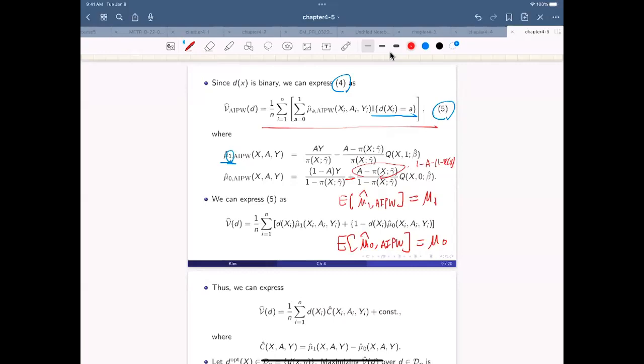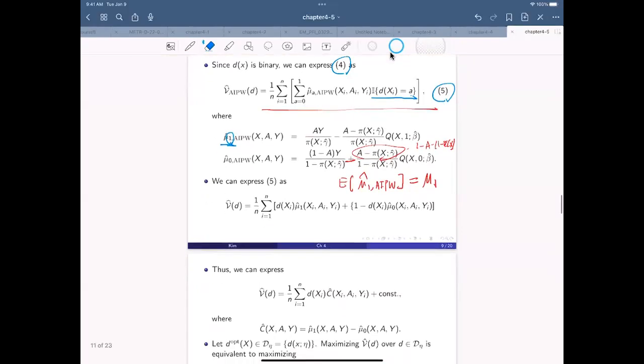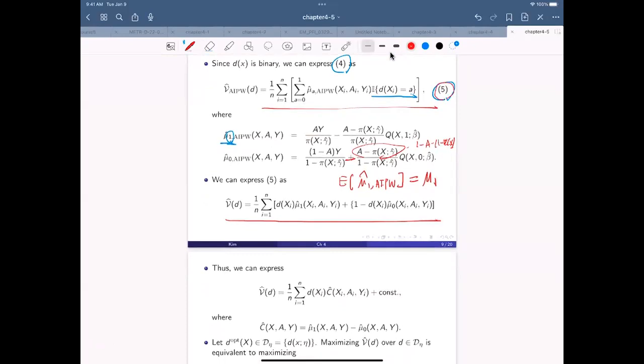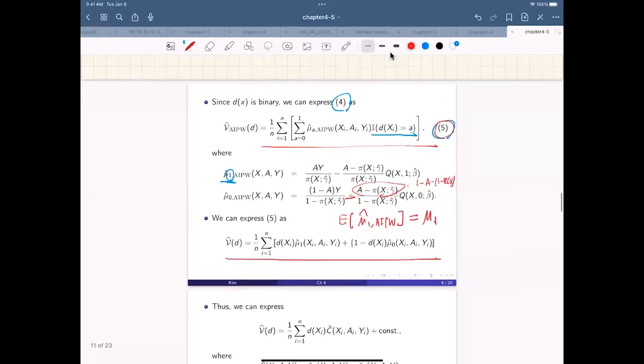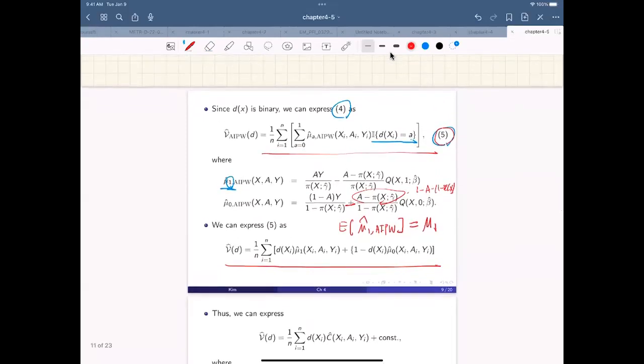So that basically gives you the final. Okay. So 5 is actually equal to this one. Why? Because dx is either 0 or 1, right? So indicator dx equal to 1 is equal to dx, because dx equals 1 or 0, right?